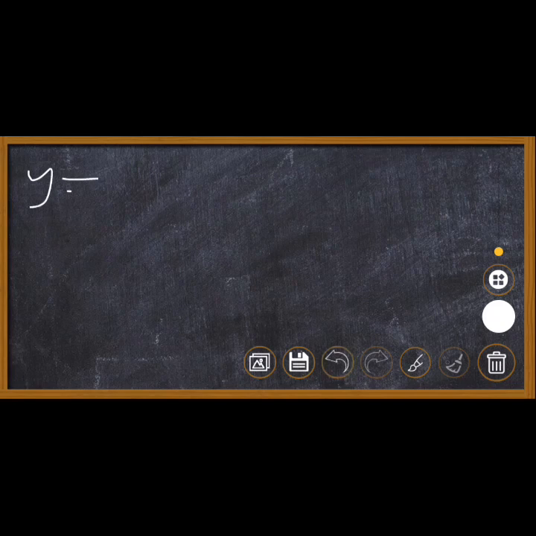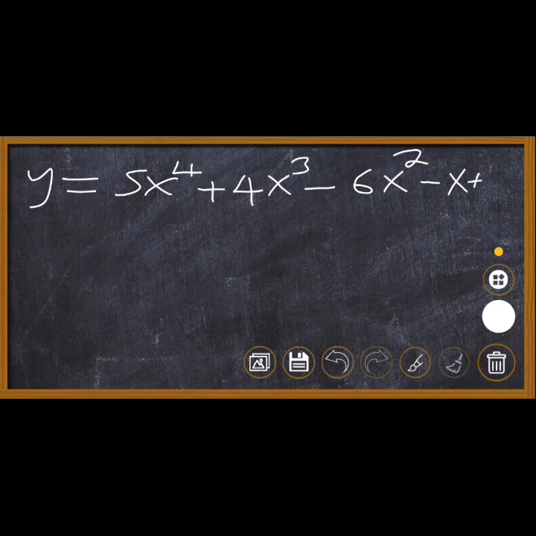So let's say you have y equals 5x raised to power 4 plus 3, or rather let me just write 4x cubed minus, here let me just use minus. Let's say you have also 6x squared, and then let's say minus x plus 2.